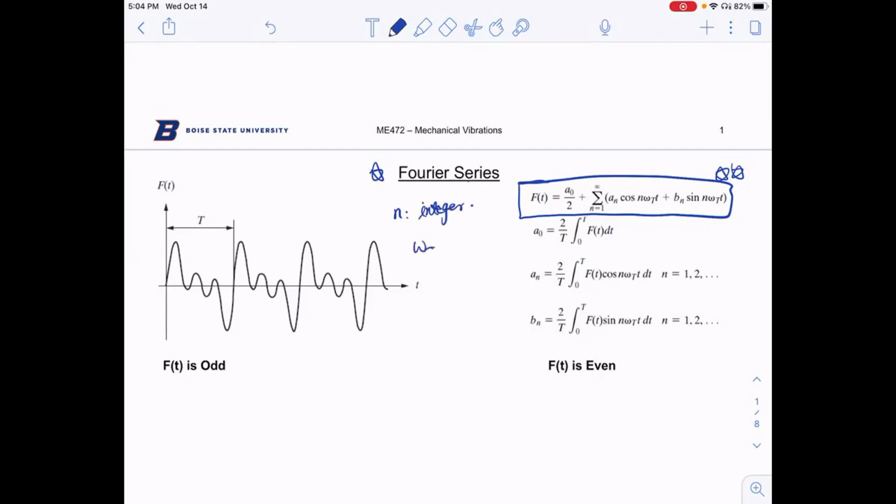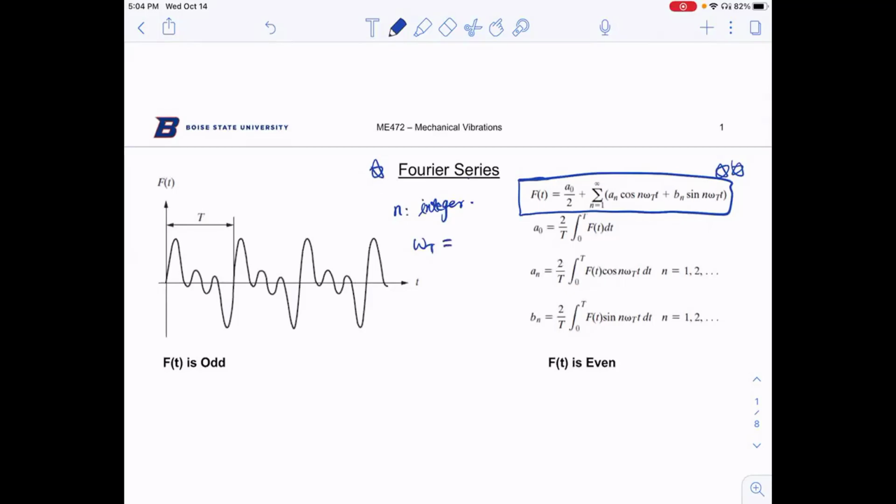And omega t, we call that the fundamental frequency of the signal. This fundamental frequency is just 2 pi divided by T. And then n times omega t, you can call it a harmonic or higher harmonics of the signal. So your T is just the period of your signal.